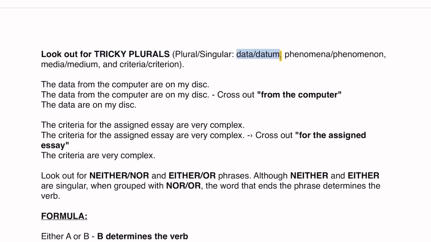Data و datum are tricky plurals. Cross out from the computer، الغيها وتعالى نتفرج على الجملة. The data are on my disk. This is a tricky plural. يلخبطك لأنك هتفتكر إن كلمة data دي singular.